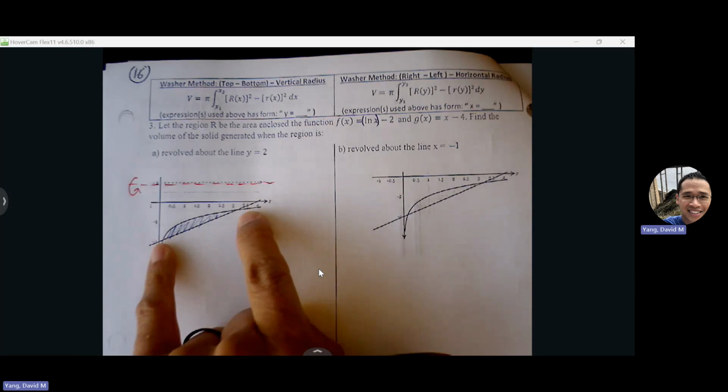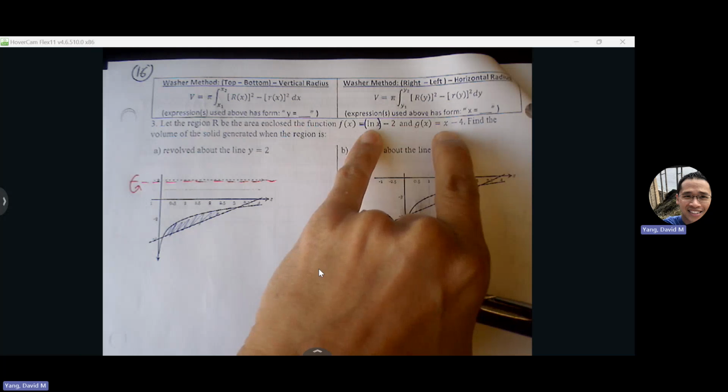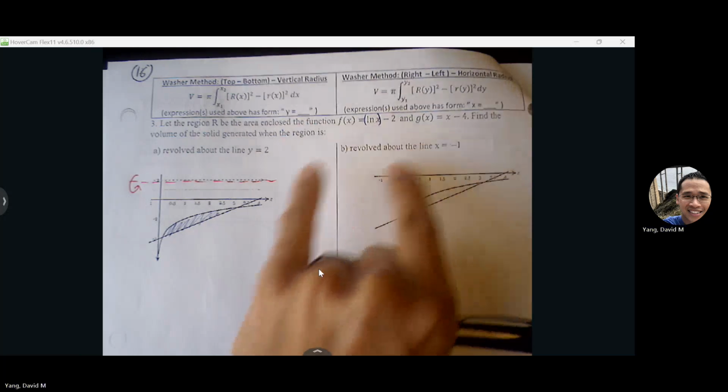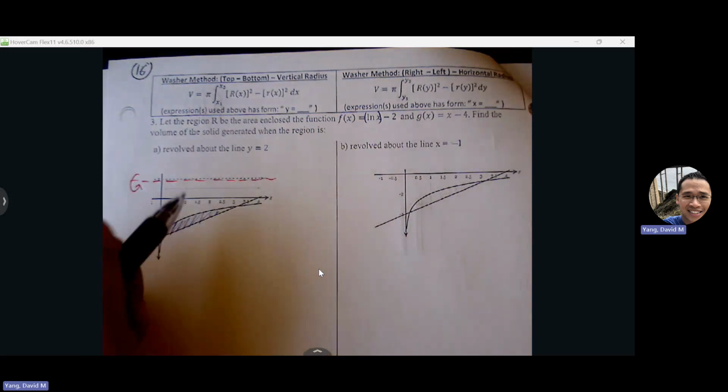These are difficult intersections to solve by hand, so we're going to make the calculator do it for us. We can graph the two functions and look for the intersections, and the x values of the intersections will be the bounds for your interval.